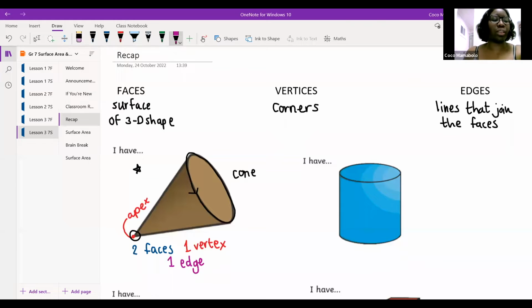Amazing stuff. So the edge doesn't have to be a circle. It's just anywhere where you can fall over. Let's say, for instance, Olwa, if I had a cube like this. This corner over here is a vertex, and that is a vertex.